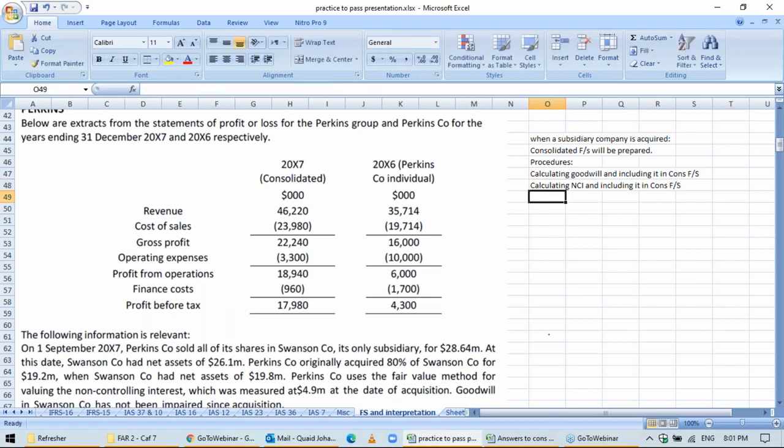And then including the fair value of assets and liabilities of the subsidiary company in consolidated financial statements.